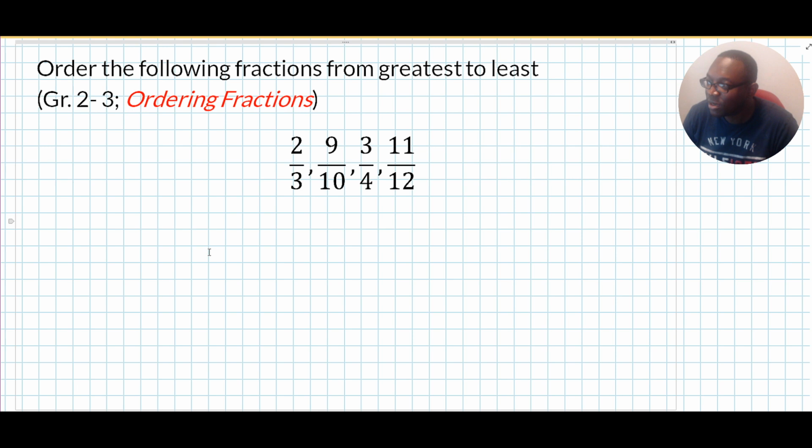Okay, so we want to order the following fractions from the greatest to the least. The fractions are 2/3, 9/10, 3/4, and 11/12. So let's go ahead and see the order from the greatest to the least. We're going from the greatest to the least, which means from the largest to the smallest fraction.